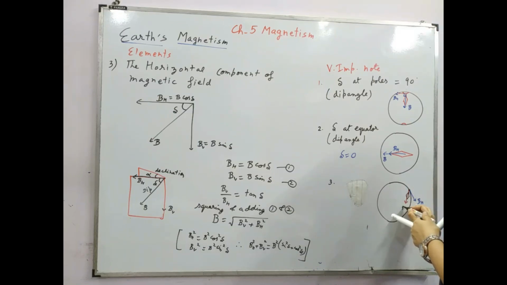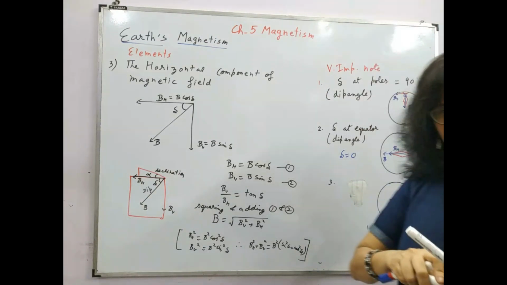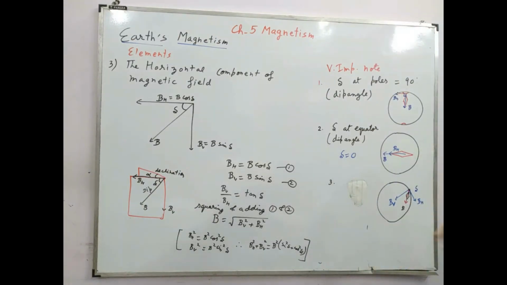So this will be our net magnetic field, and the angle between the horizontal and net magnetic field, this is your dip, and next this will be BV. So this is another way of showing, for every point on the earth's surface, what will be the direction of horizontal component, the direction of vertical component, and the net magnetic field.